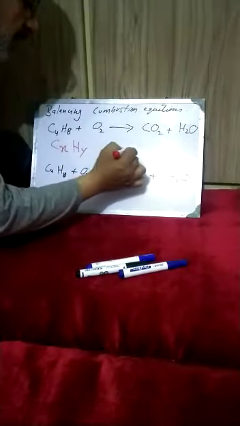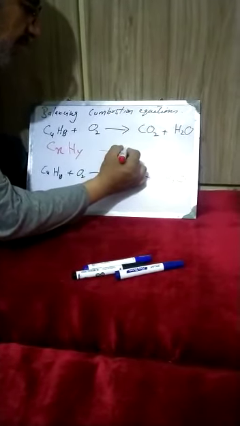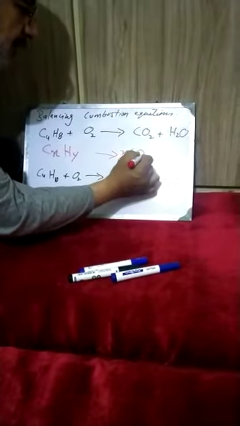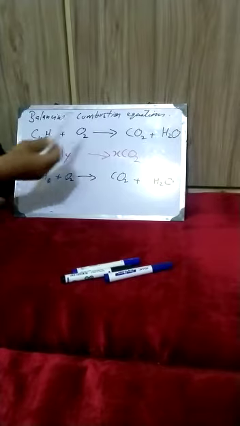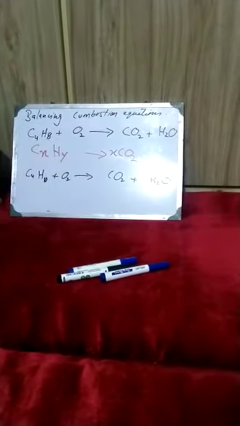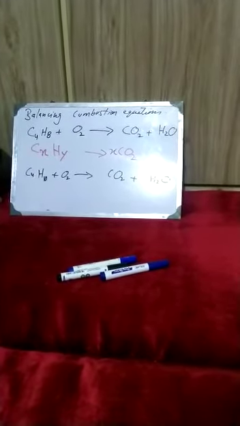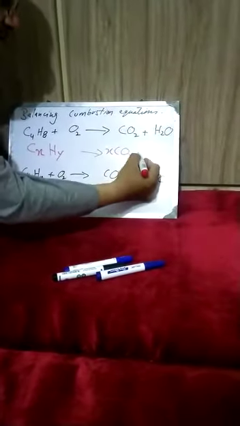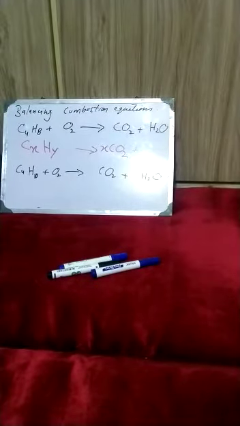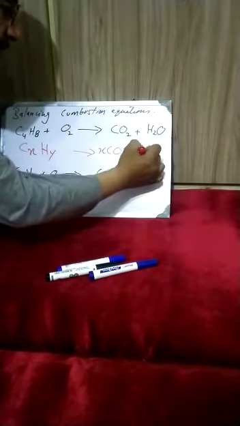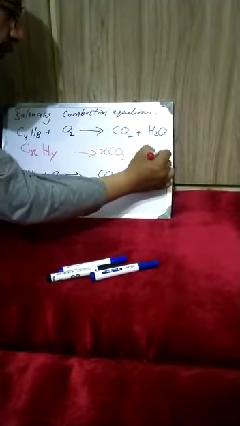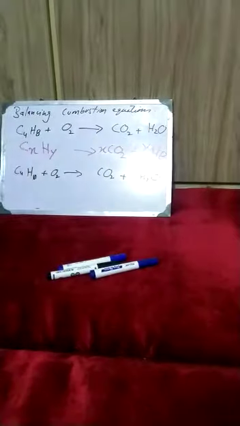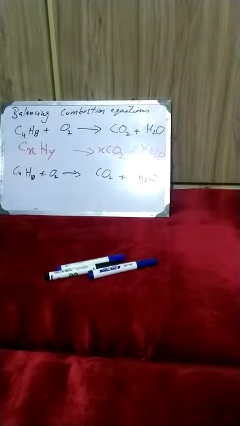For balancing, you have to remember that we have x number of carbon dioxide molecules, because every carbon atom will form a carbon dioxide molecule if it is a complete combustion. And because there are two hydrogen in a molecule of water, we will have y upon 2 water molecules, because there are double the number of hydrogen atoms in a molecule of water.